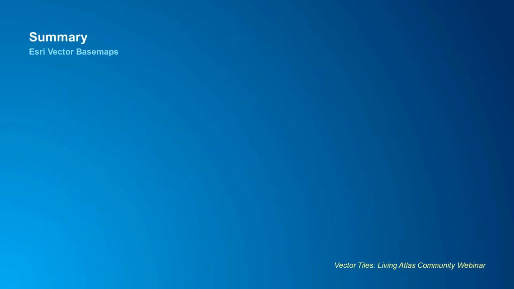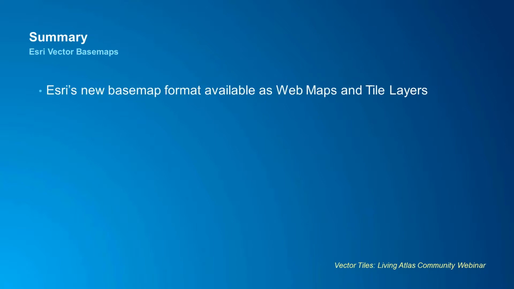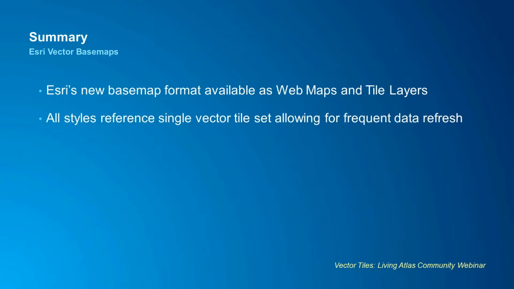So in summary, our new vector basemap format is available as tile layers and as web maps. All styles reference a single tile set, which allows us for more frequent data refreshes. The vector format allows user customization of the map styles.